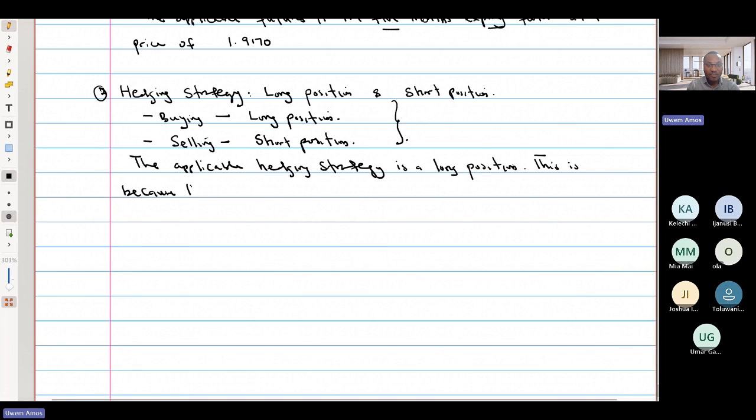This is because the US oil servicing firm needs to buy pounds to settle the obligation.